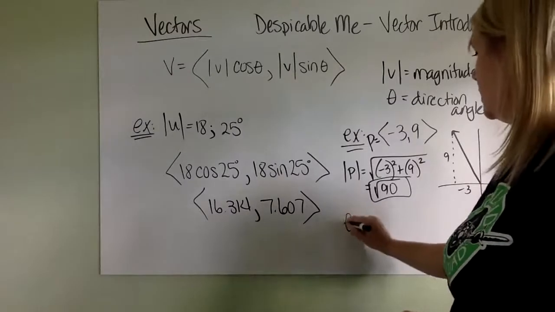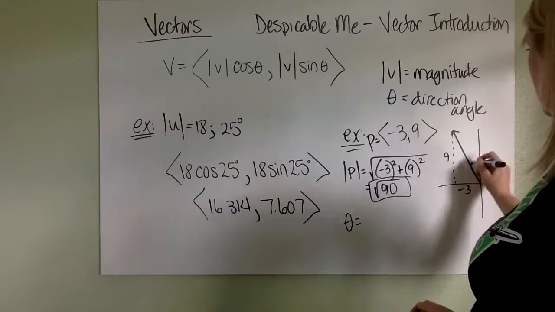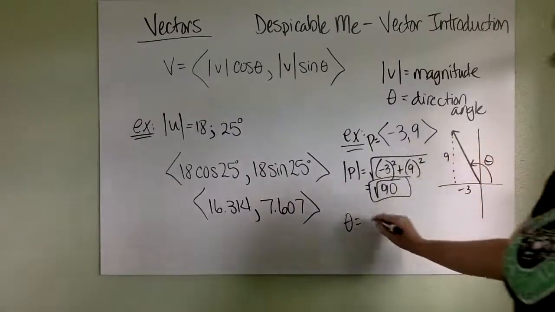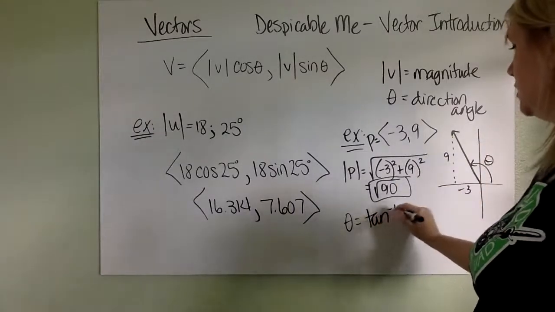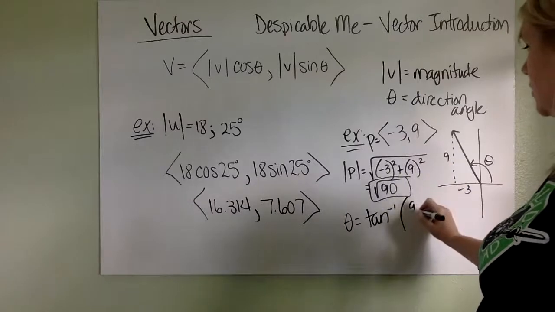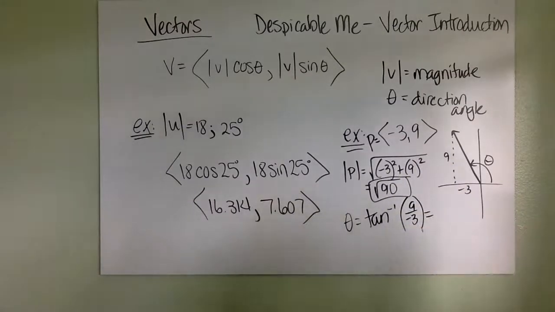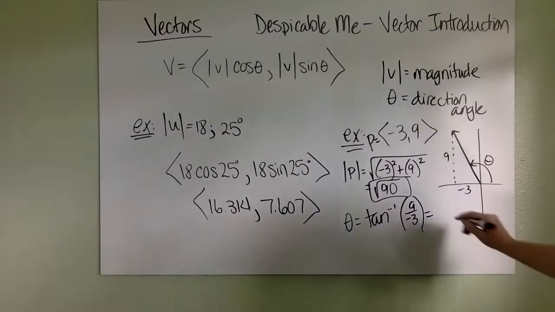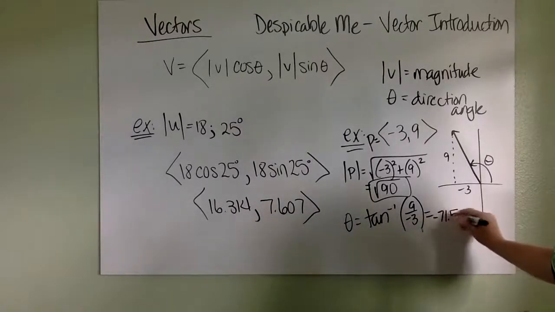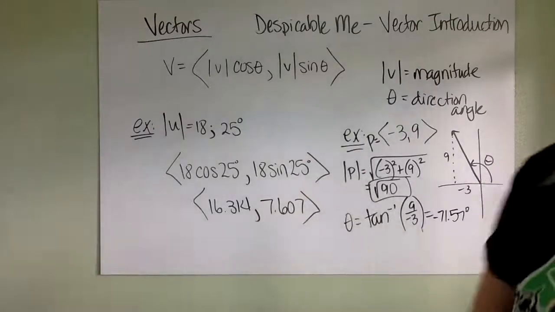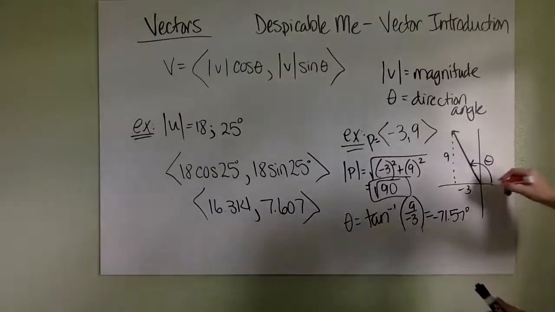And then for our direction angle, it lands in the second quadrant. We use the inverse tangent of the y value divided by the x value. Now, when I type this into my calculator, it gives me an angle of -71.57 degrees. So why would my calculator give me -71.57 degrees?